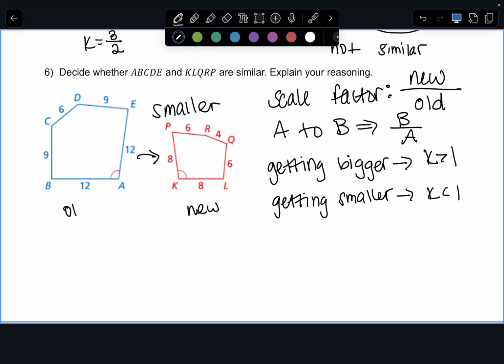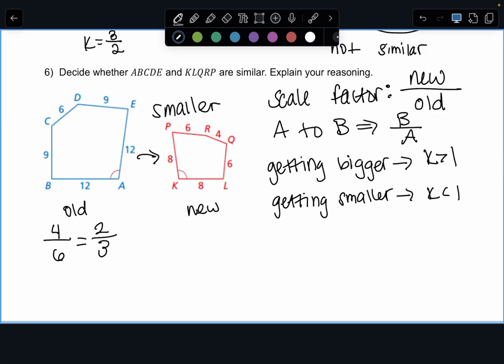So this is new and this is old. The smallest side from my new is RQ. What's the smallest side from my old? CD, 6. Four over 6, I reduce. What do I get? 2 over 3.